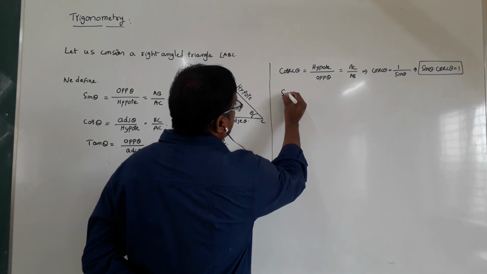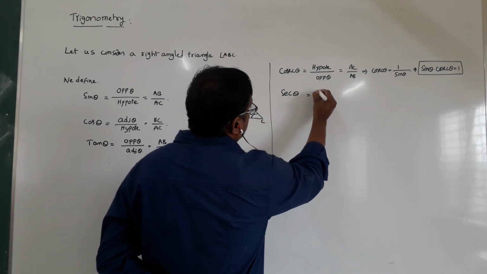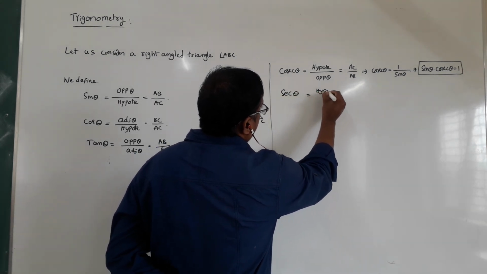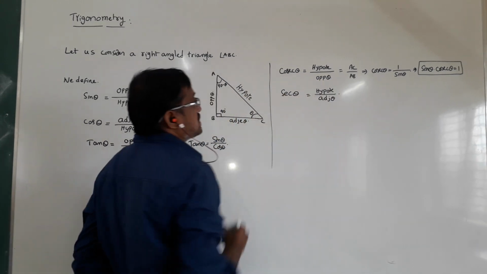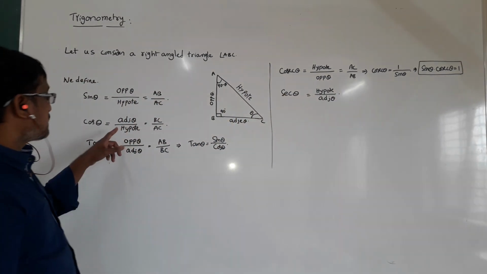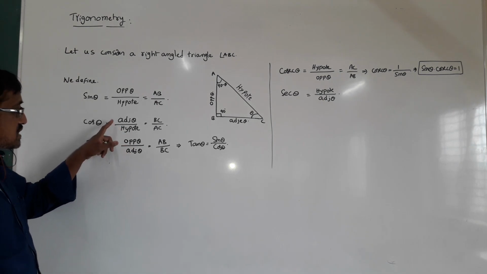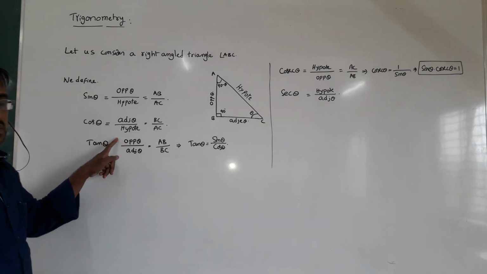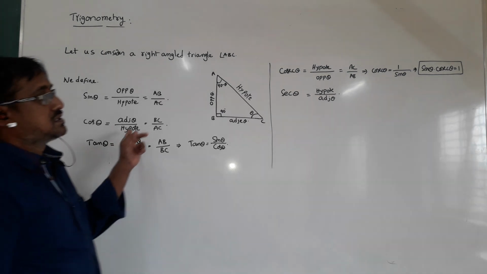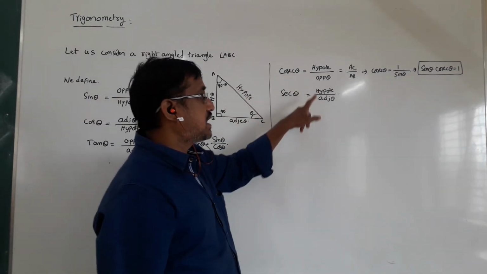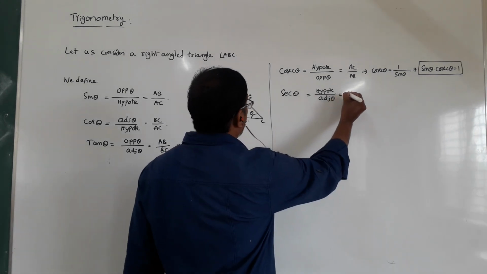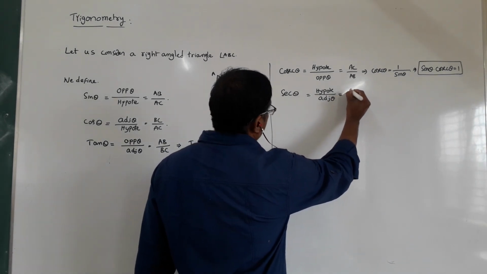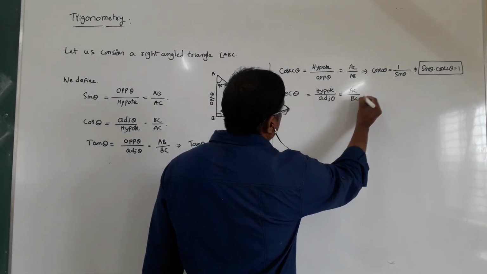And we define secant theta as the reciprocal of cos theta. What is cos theta here? Adjacent side by hypotenuse. So secant theta is hypotenuse by adjacent side, that is AC by BC.